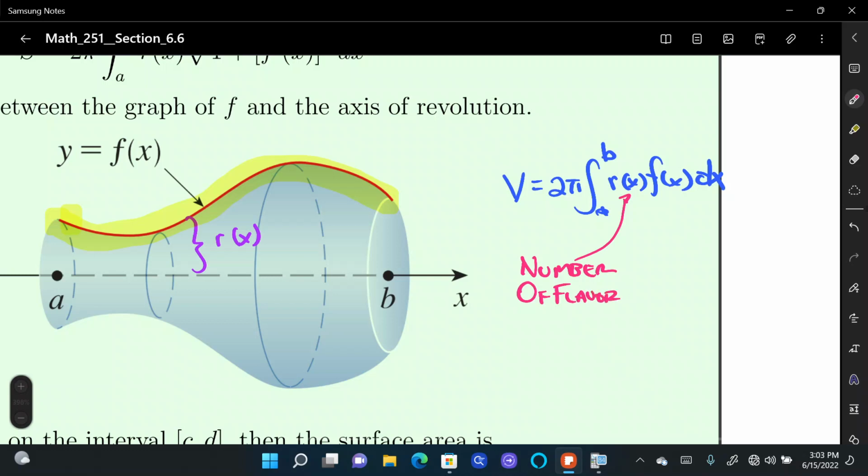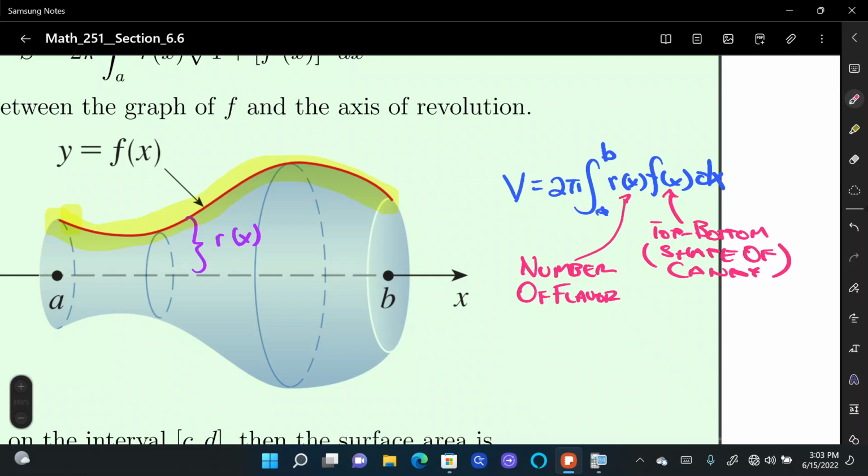So the lollipop has r of x amount of flavors from the stick of the lollipop to the edge of the candy. And f of x, which is typically the top minus bottom, defines the shape of the candy.